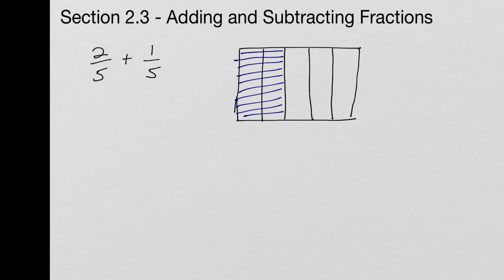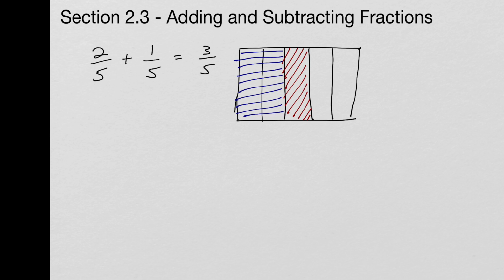So 2 out of the 5 rectangles are shaded, 2 parts out of 5. 1/5 can be illustrated by shading in this piece, 1 out of the 5. So together, how much is shaded out of 5? Well, 3 pieces are shaded out of 5. So 2/5 plus 1/5 must equal 3/5.